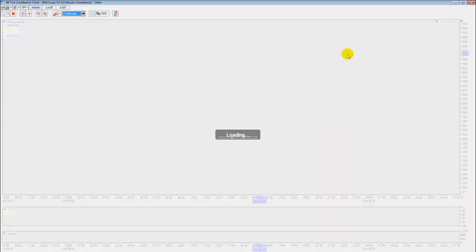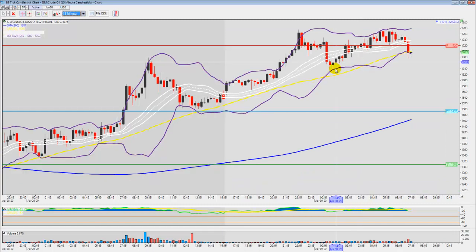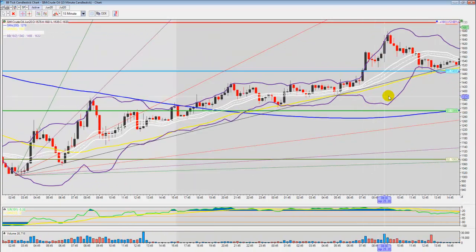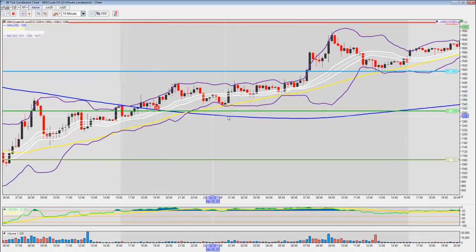Going down to the 15-minute chart. There's your Gann angle coming through.